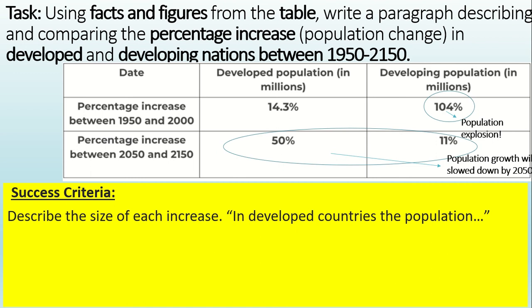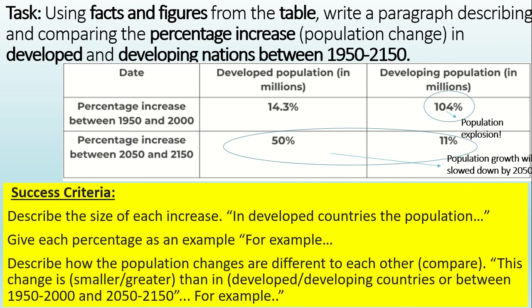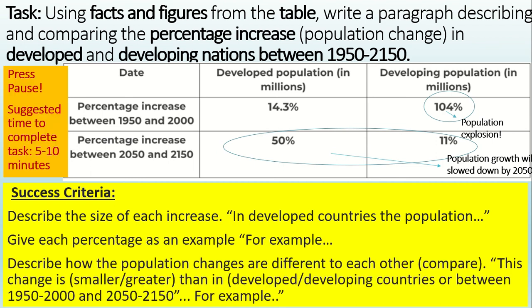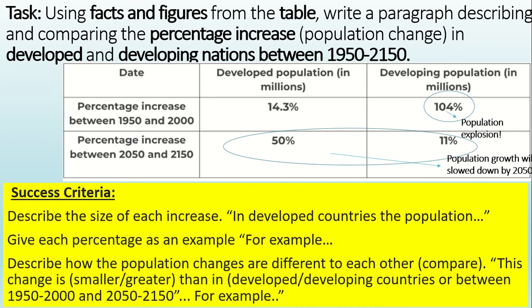This is your success criteria to complete this task. So describe the size of each increase. So in developed countries, the population increase, you could either say slowly increased or rapidly increased, for example, by 14.3%.